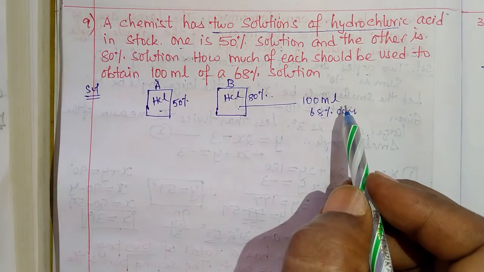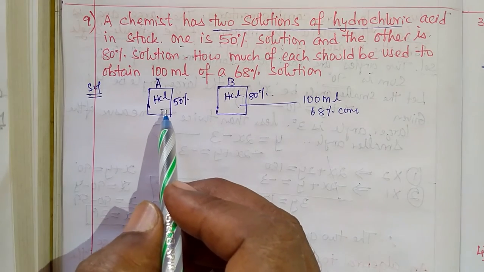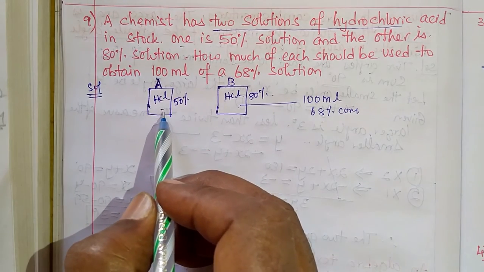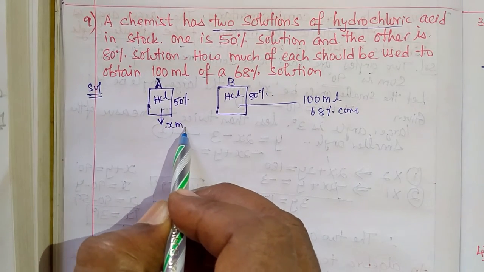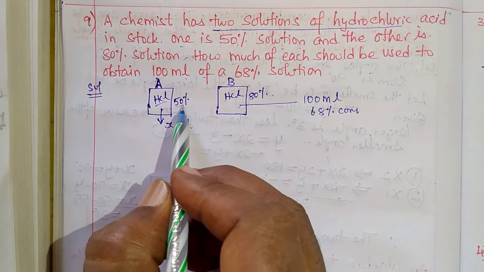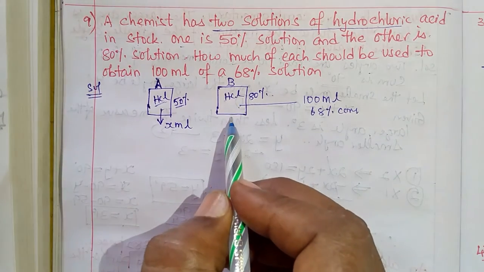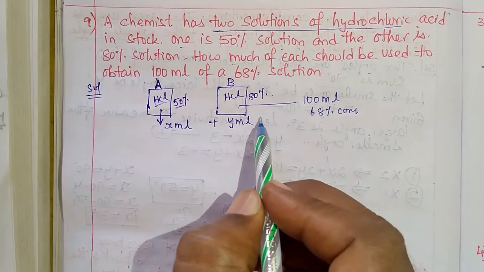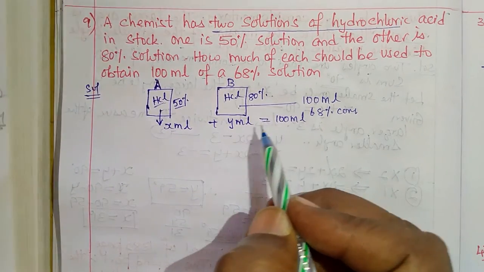So how much of this solution do I have to use? I will assume X ml of A solution. A is a solution of hydrochloric acid with 50% concentration. From that I am taking X ml. From here I am going to take Y ml. So X ml plus Y ml must be equal to 100 ml. So this is how we have to frame the first equation.